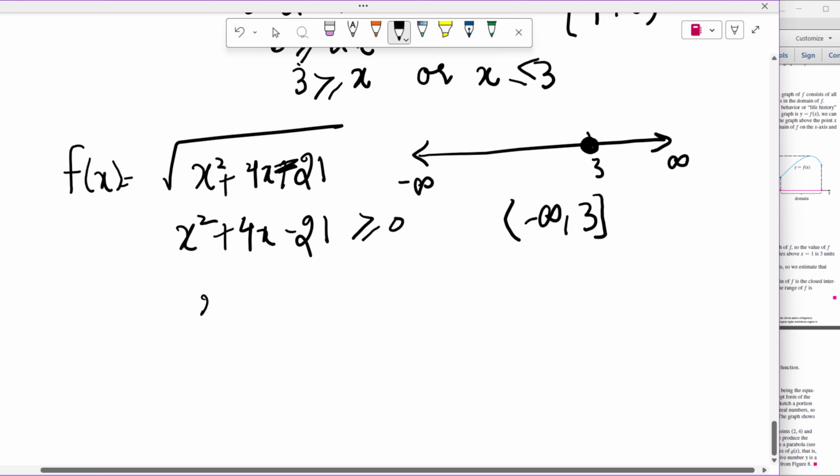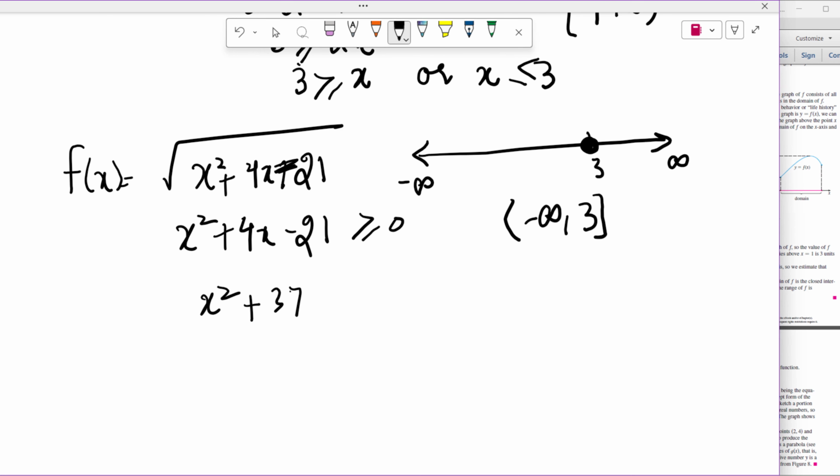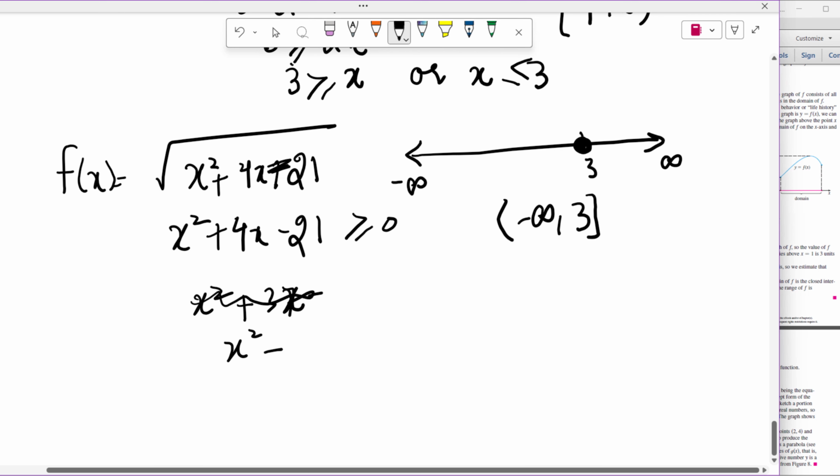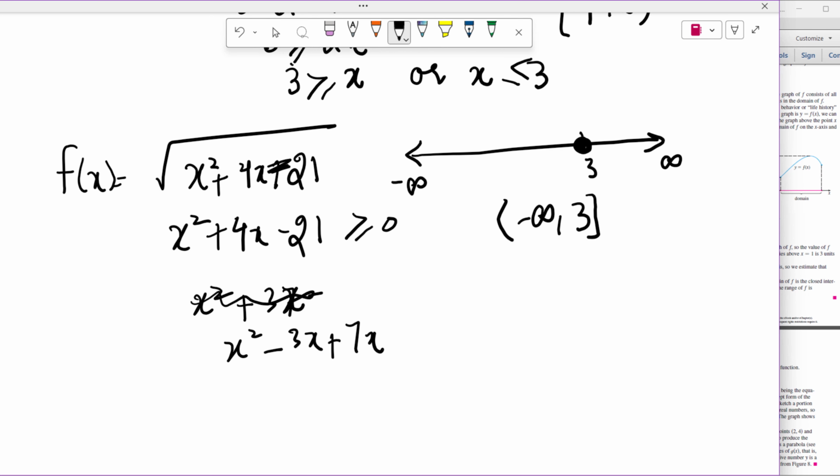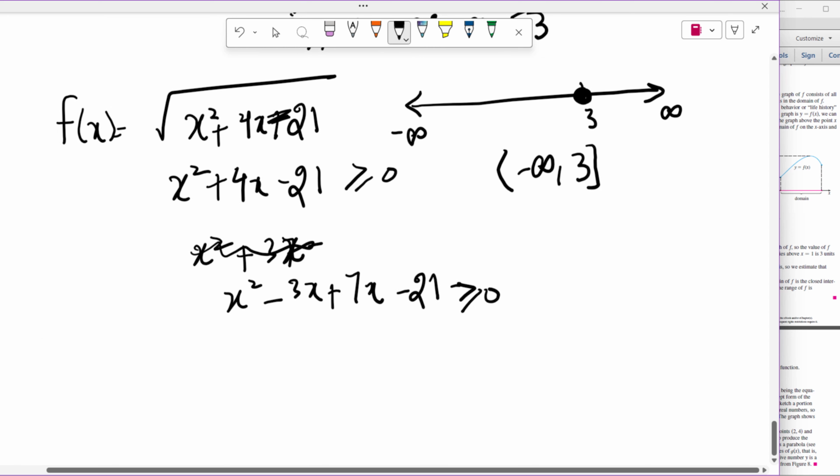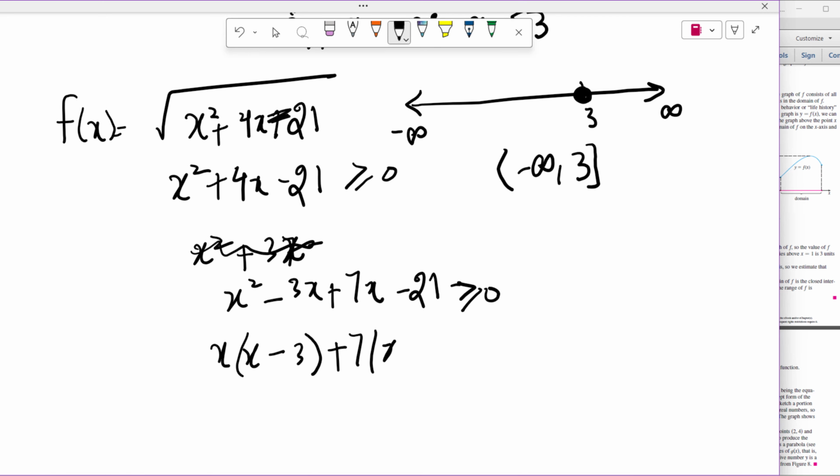By factoring the quadratic, I can write x squared minus 3x plus 7x minus 21 greater than or equal to 0. Taking x common, x minus 3, and taking 7 common, again x minus 3, greater than or equal to 0.